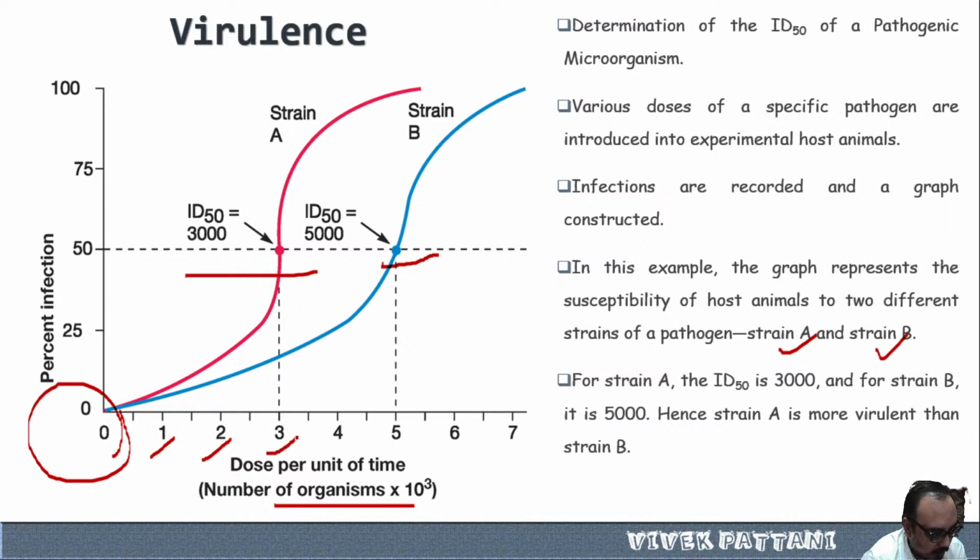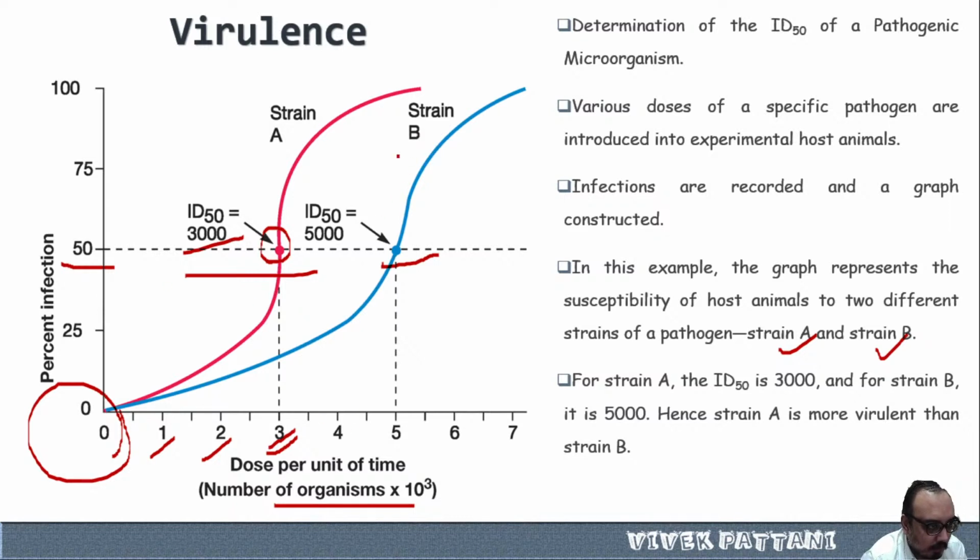For example, at point 3, where you can see strain A reaches around this point, the percentage of infection is 50%. So we can see that the ID50 will be 3000. It indicates 3000 units of an organism.